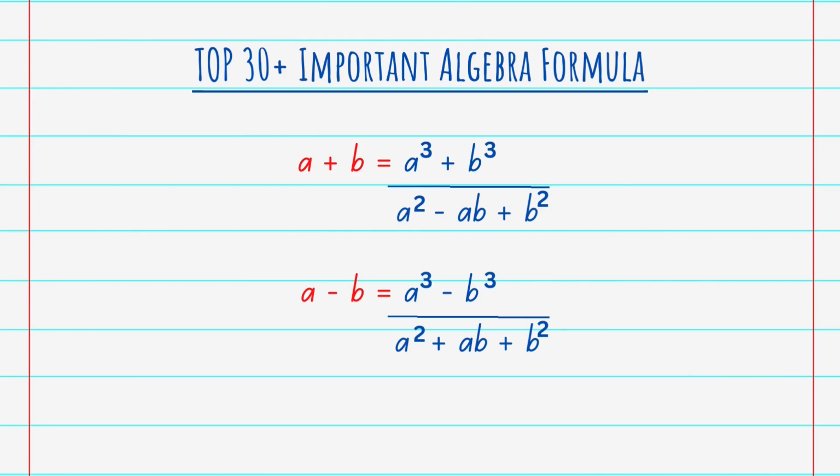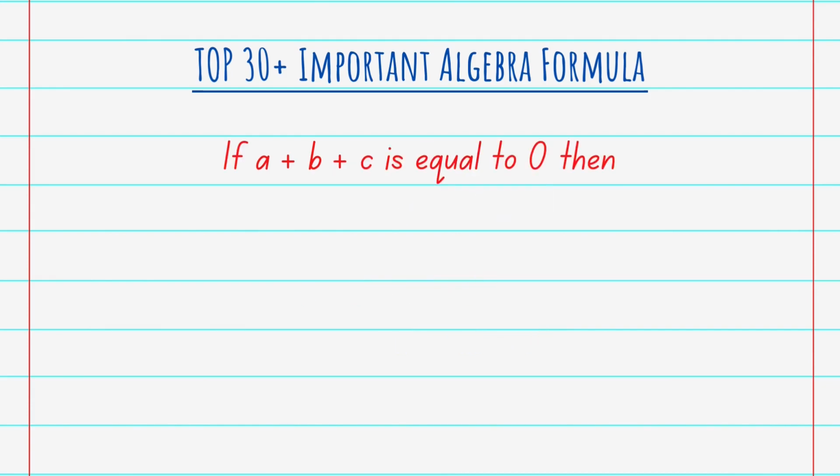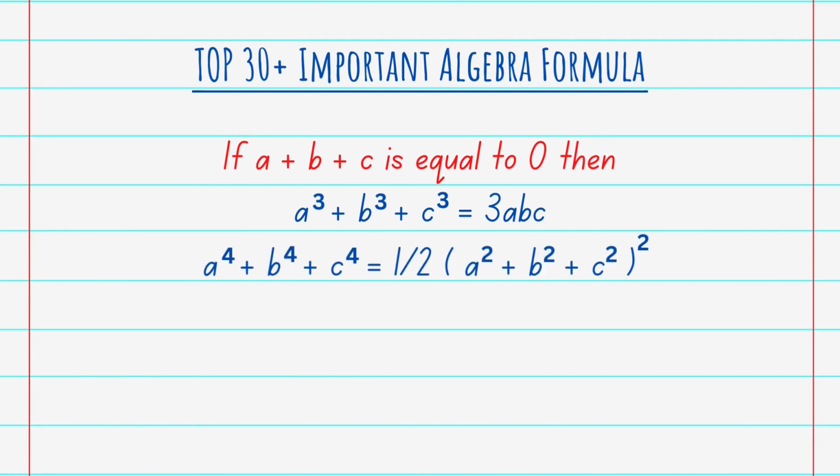Remember only the difference between plus and minus in these formulas. If a + b + c is equal to 0, then our formula would be a³ + b³ + c³ is equal to 3abc, which is a very important formula. Remember this. If a + b + c is equal to 0, then a⁴ + b⁴ + c⁴ is equal to 1/2 of (a² + b² + c²) whole square.